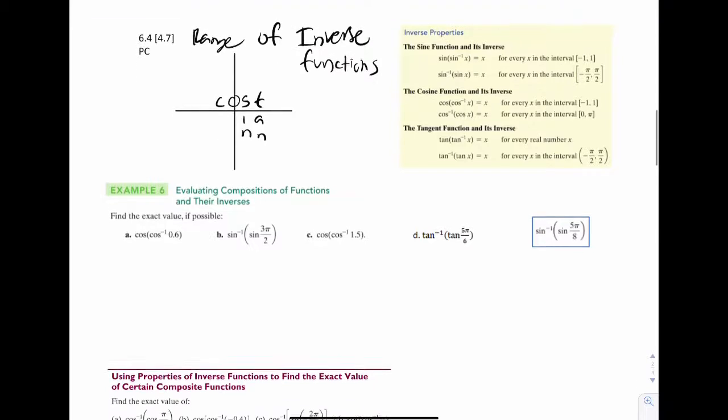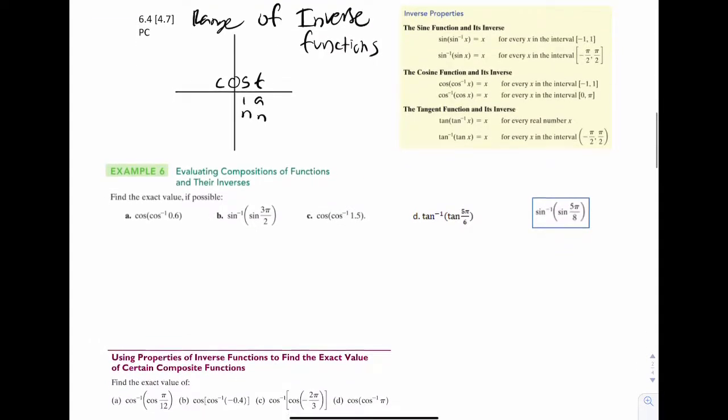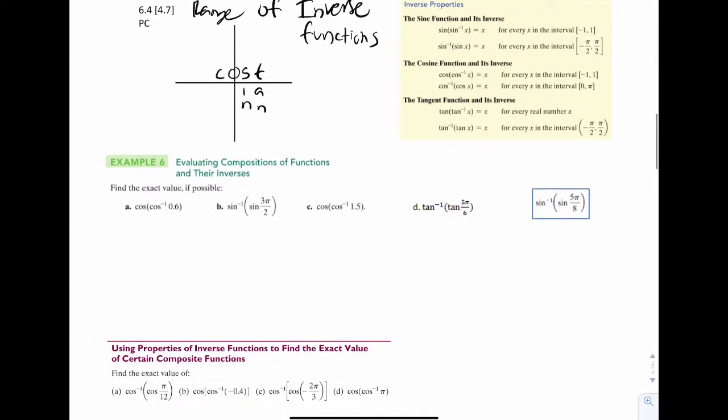Now we're going to do a bunch of compositions of these. So now we see the functions within the function. So the first thing I want you guys to do is to classify these. There are two types of questions we're going to do. Letter A is an example of a triangle question, meaning the inverse is on the inside. Letter B's are the inverse on the outside.